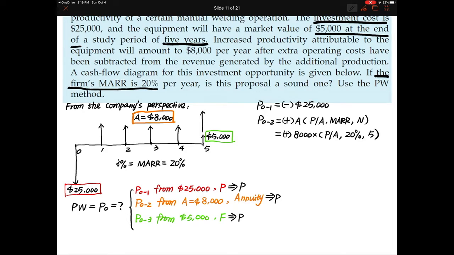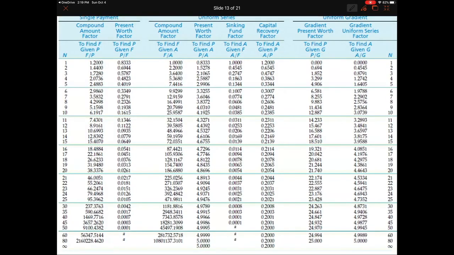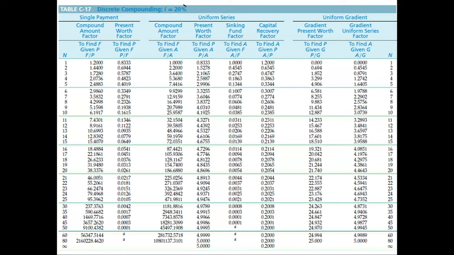Now you need to check the table for i equal to 20%. You want to find P/A, and the number of years is 5. So here is your factor.